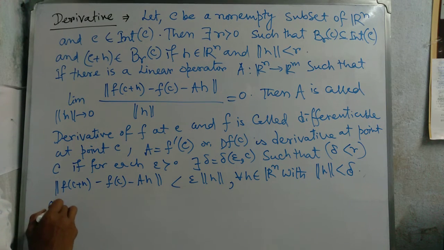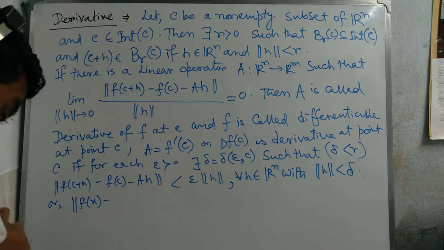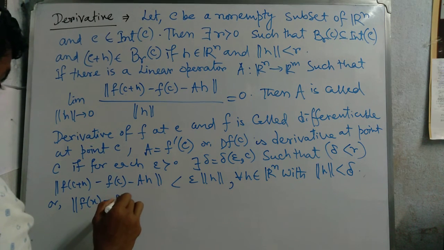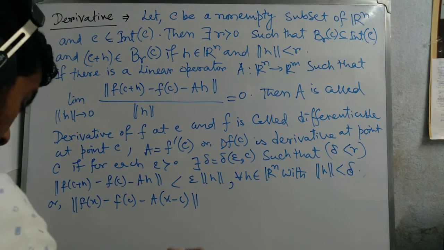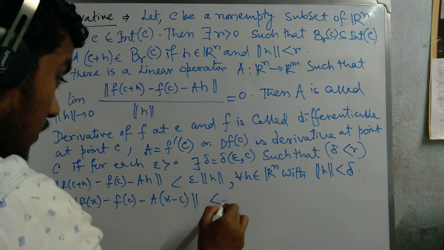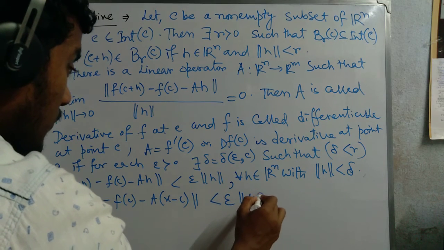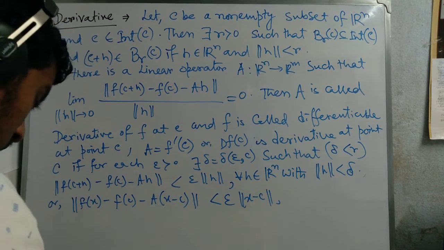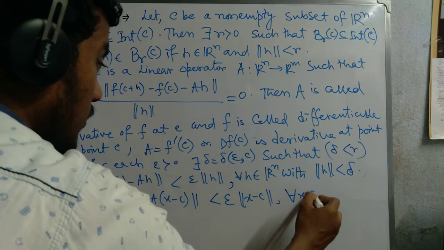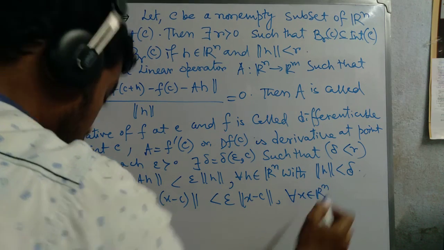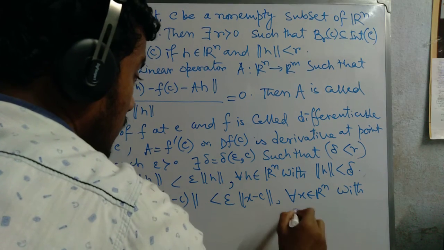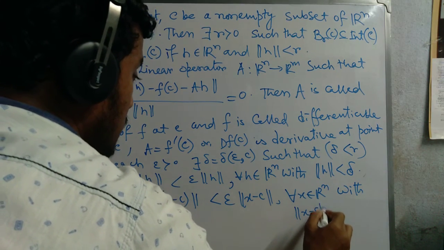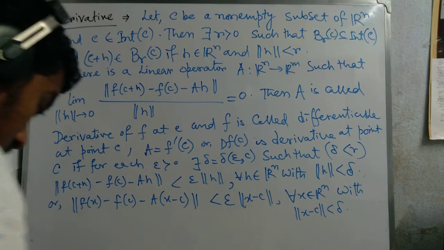Then norm of f(x) minus f(c) minus A(x minus c) is less than epsilon norm of x minus c for all x belongs to Rn with norm of x minus c less than delta.